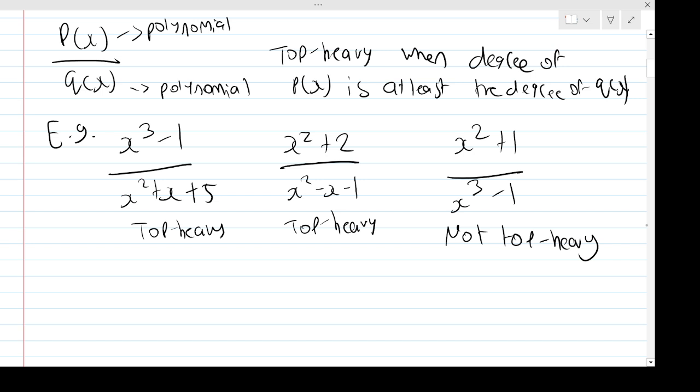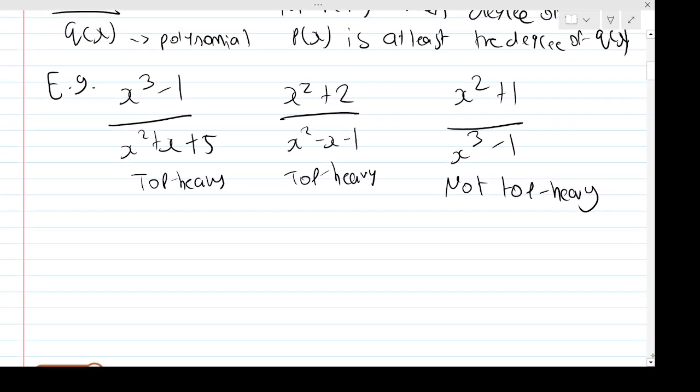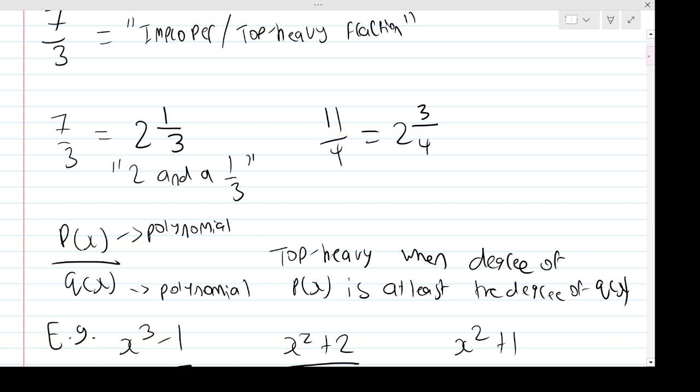So in the case of top-heavy fractions then, we can do what we call polynomial division to cancel it down to get a fraction that is no longer top-heavy, right? Very similar to the idea that we saw here with numbers. We had a top-heavy fraction there, 7 over 3. We reduced it down to a non-top-heavy fraction there, which is a lot easier to work with.